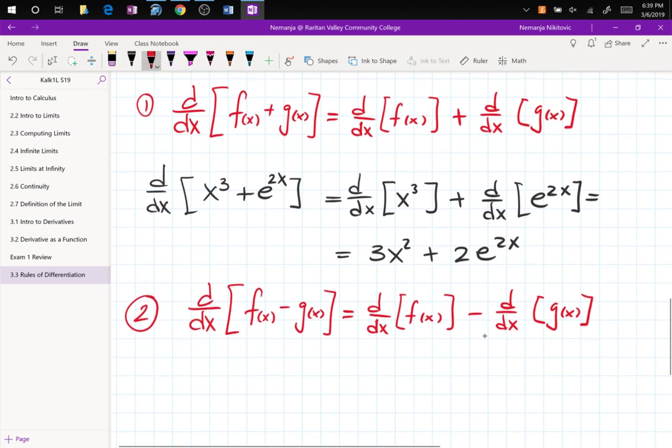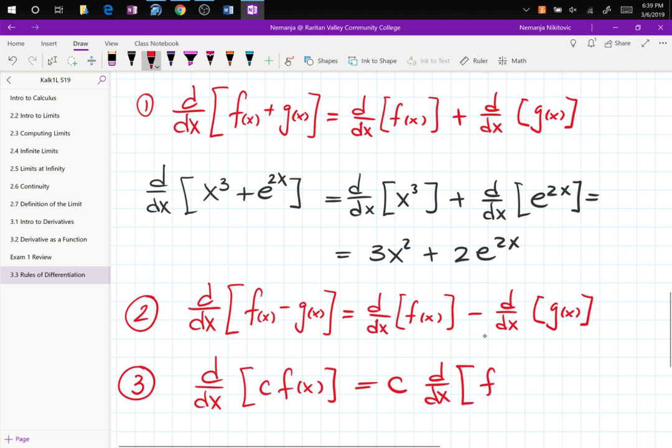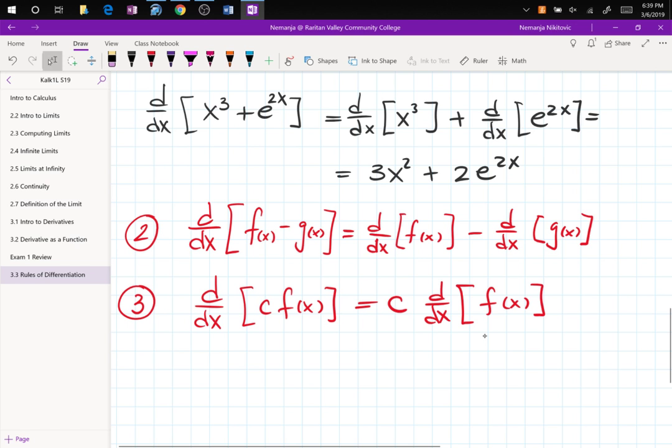And finally, rule number 3 says that if you have a constant in front of your function, you can kick that constant outside, just like limits. So if you have a constant times a function, you can kick the constant outside and then just worry about differentiating the function. This rule is extremely useful, and you will use it all the time.